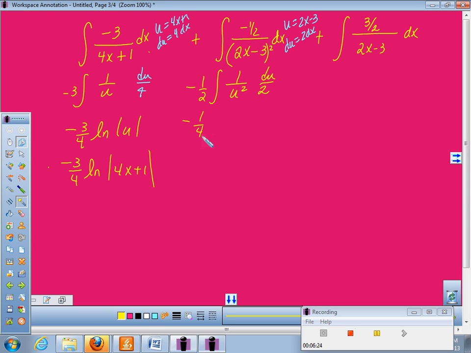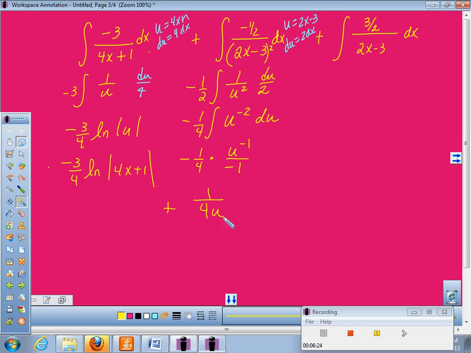So it's actually going to be a negative 1/4 times, I'm going to do this in steps so I don't lose anybody, negative 1 over negative 1. So in reality, that's a positive 1/4. And u needs to go back to the bottom. So it's really 1 over 4 times the quantity 2x minus 3. Boy, howdy, that was a nice one.